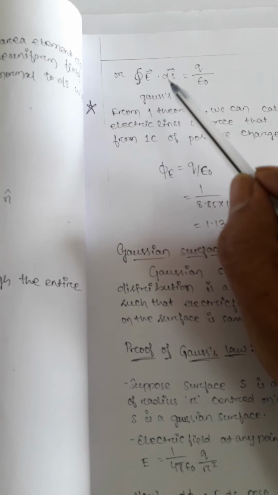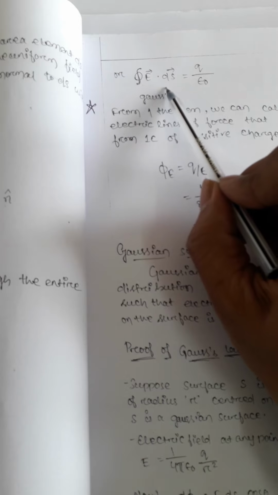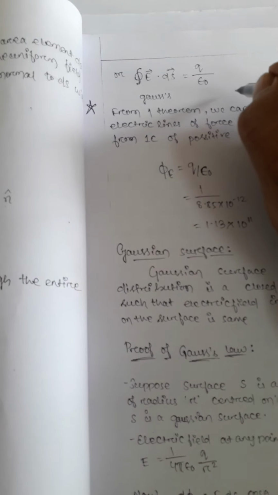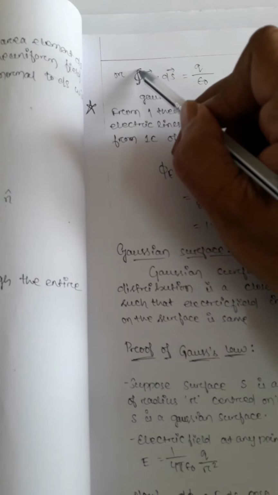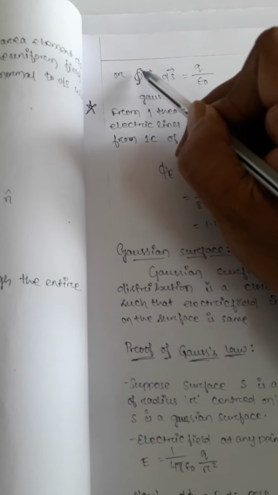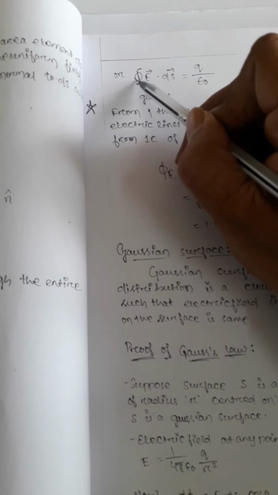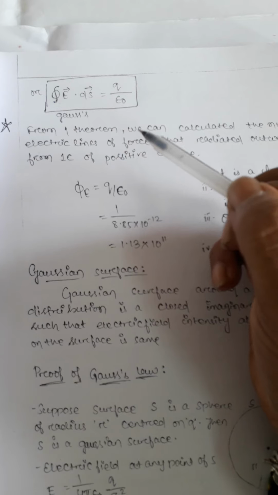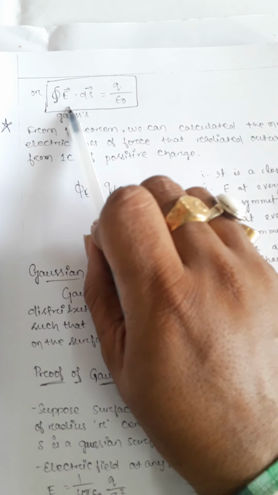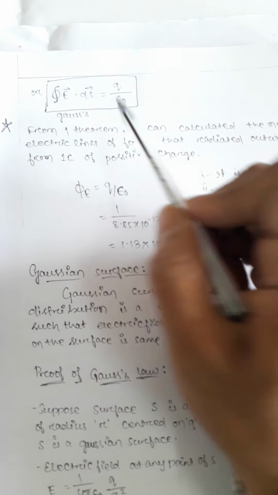Gauss law is only applicable when the charge is enclosed in a closed surface, and this is closed integration for a closed surface. So this is the formula for Gauss law.